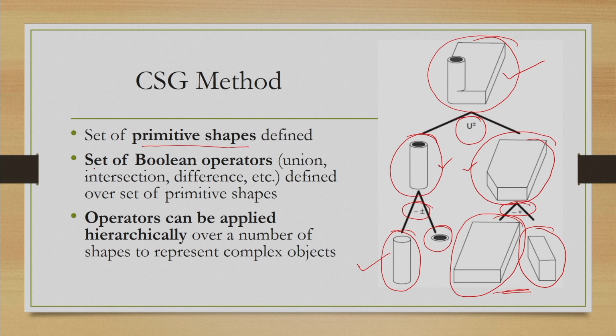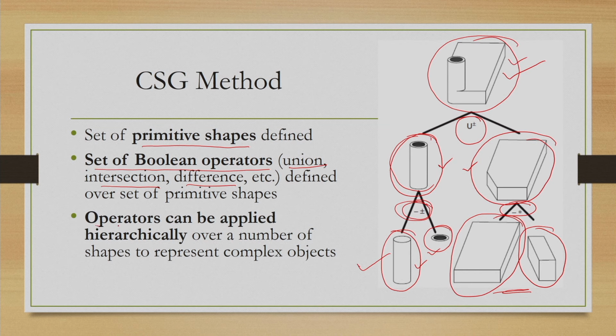Then we apply a set of Boolean operators, namely union, intersection, difference, etc., which are defined over this set of primitive shapes to get newer shapes. Like here, on these 2 shapes we applied a Boolean operator to get a new shape, and this process continues till we get the desired shape.